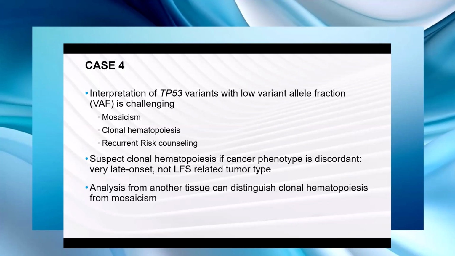If you see an older individual who has a TP53 variant in their blood testing, whereas the person does not have Li-Fraumeni spectrum tumors, you may want to suspect clonal hematopoiesis. And then analysis from other tissue types, like what we did in this case, can help clarify the mechanism.